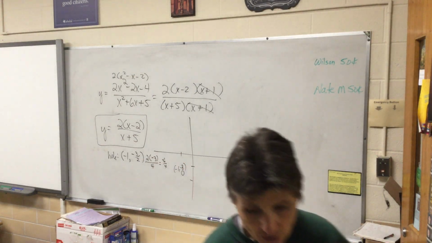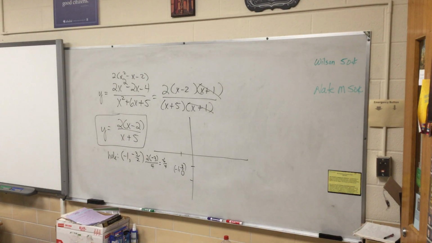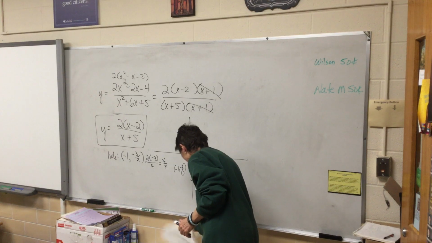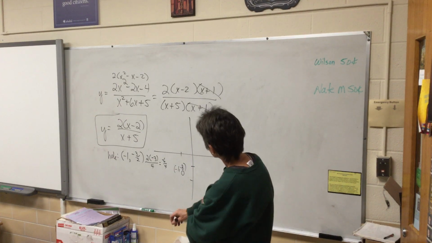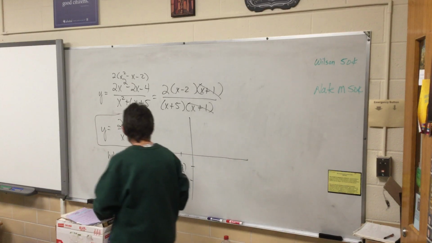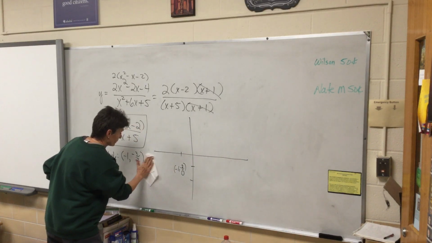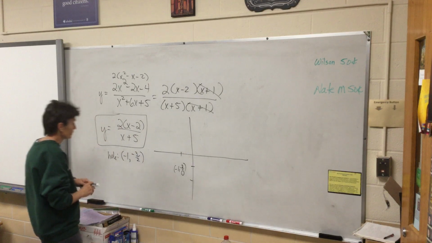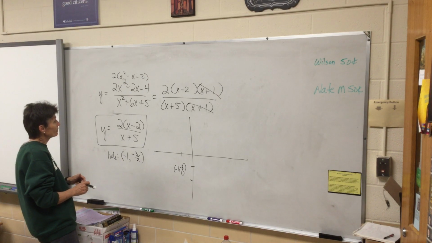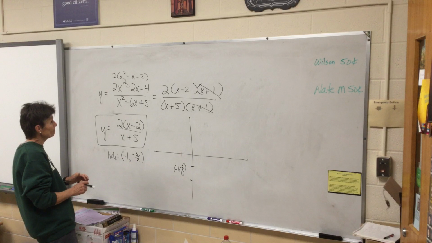All right, now I can start doing everything else. So, do I have any asymptotes in this problem? Yeah, with the top, you can take out 2 with x minus 2. Okay, wait a second.